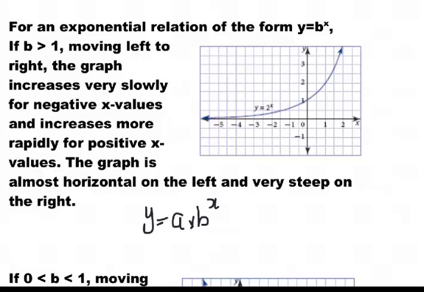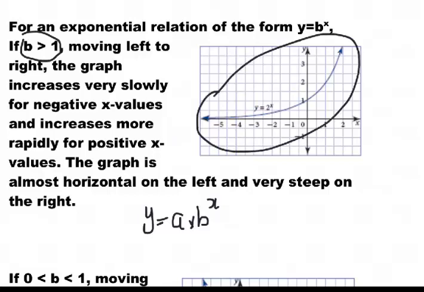Now, as it turns out, if b is greater than 1, then the graph looks like this graph here.